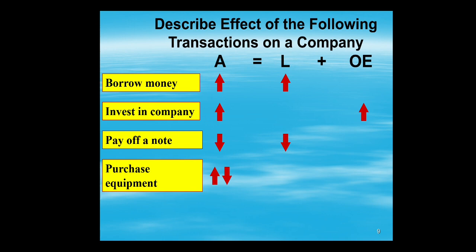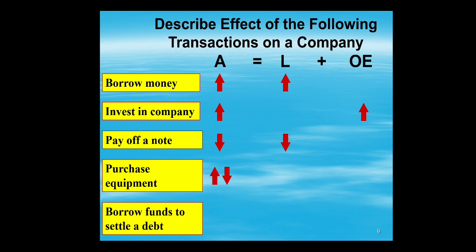At the same time, asset equipment increases. The amount is $5,000. Okay. Is there any effect on liability? No, because we assume that the business purchased equipment in cash. Is there any effect on owner's equity? No, because the owner of the business does not put anything or take anything from the business. So that is the thing that can happen.